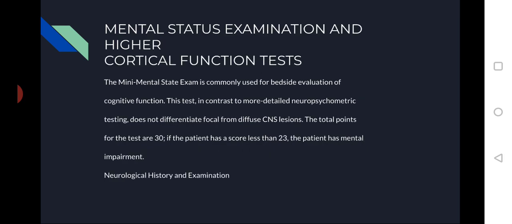We also have some tests to assess the mental examination, mental status, higher cortical function test. It's a complicated name, but generally it tells us how well the patient can think. So, for example, a patient with Alzheimer's disease would have far lower scores than you.